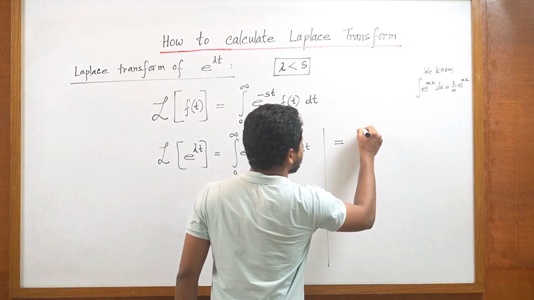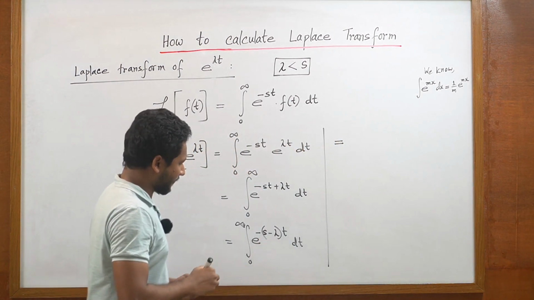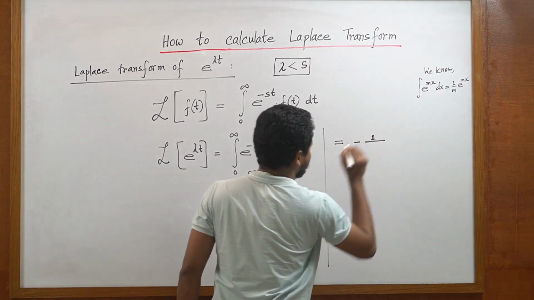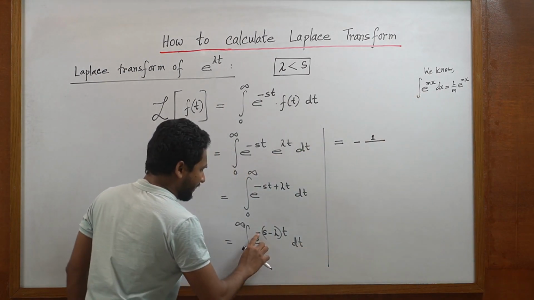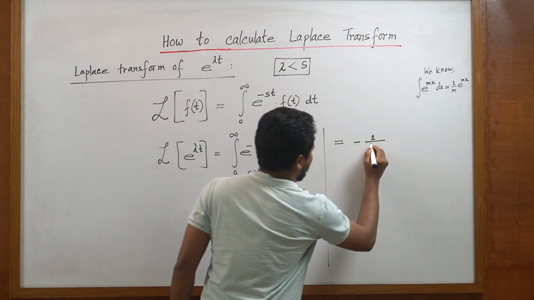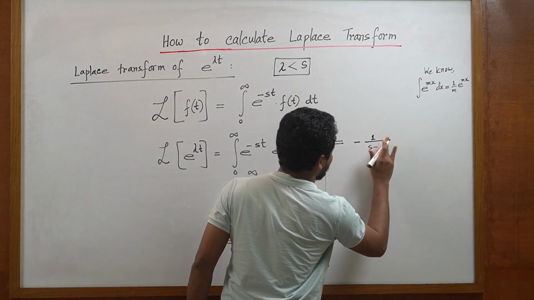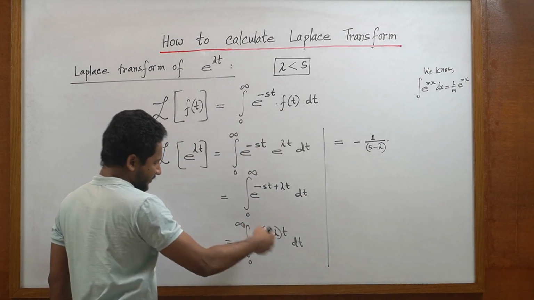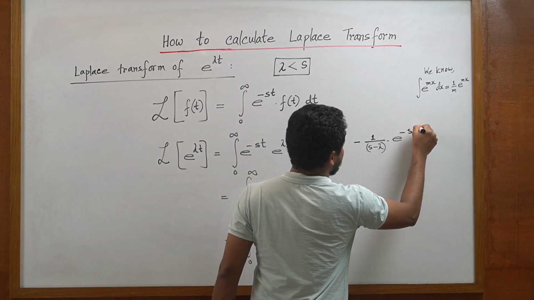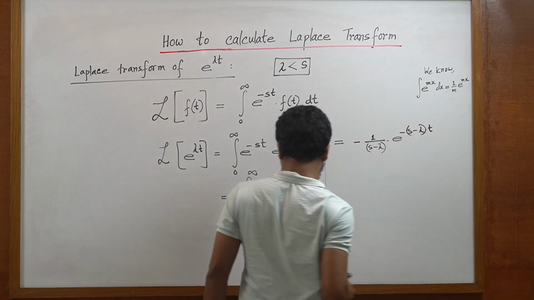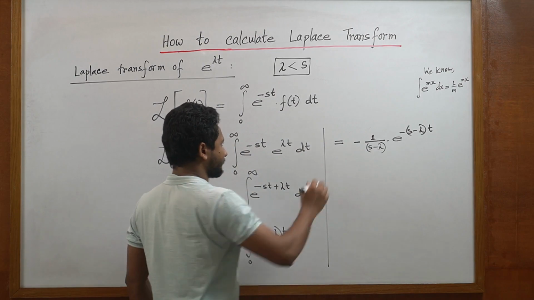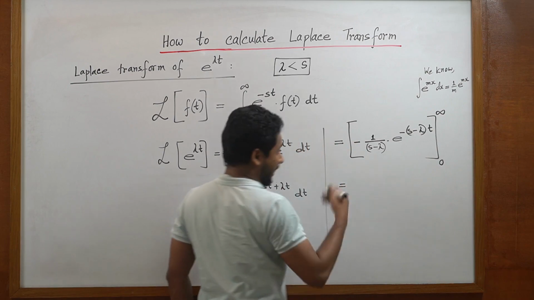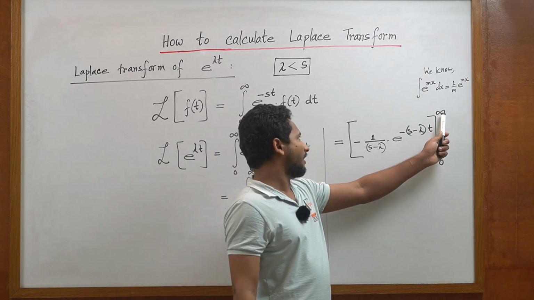Now this m should be minus s minus lambda, so we get minus 1 by s minus lambda into e to the power minus s minus lambda t. Now we plug in the limits 0 and infinity.